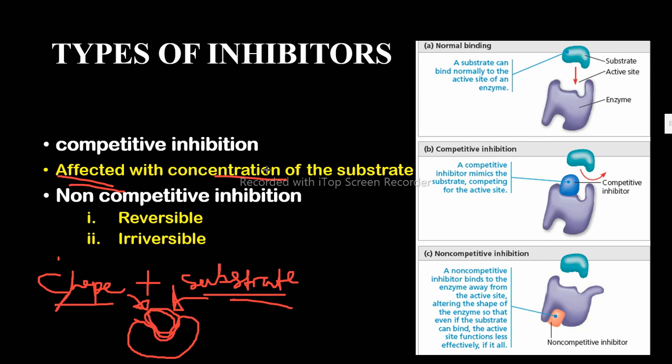Because you are increasing the number of substrate molecules, hence the substrates will outweigh the inhibitors so that you have most collisions between the enzymes and the substrates. In other words, the chance of collision between the enzyme and the substrate molecules is going to be high. Hence, the number of products formed per minute is high. Hence, the rate of reaction increases.